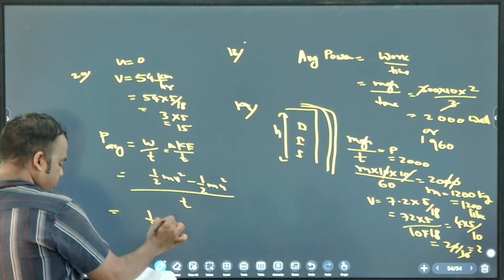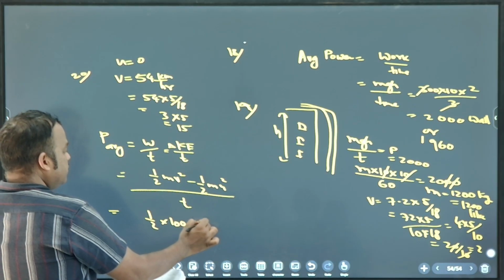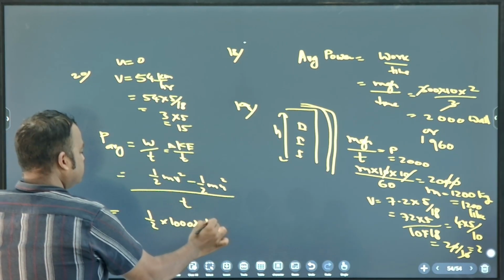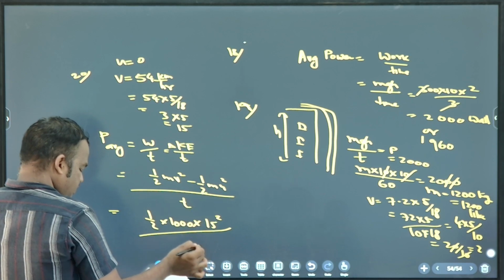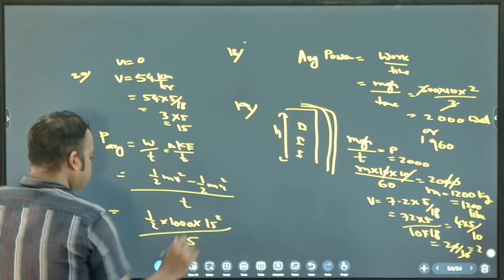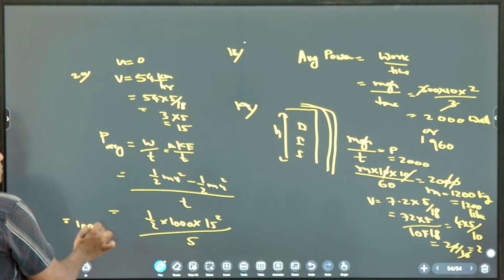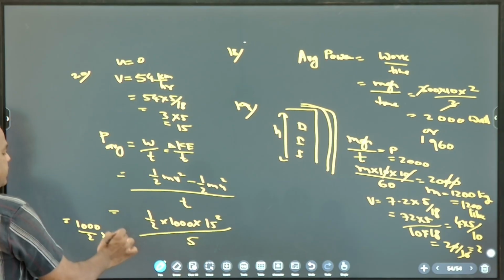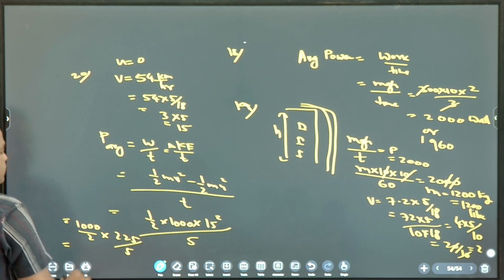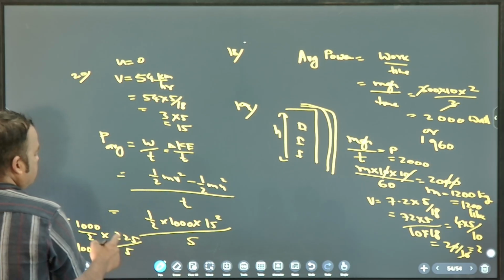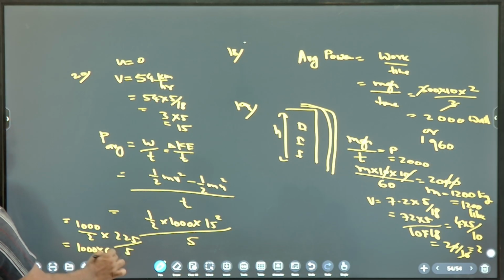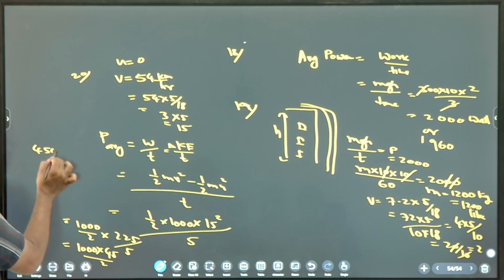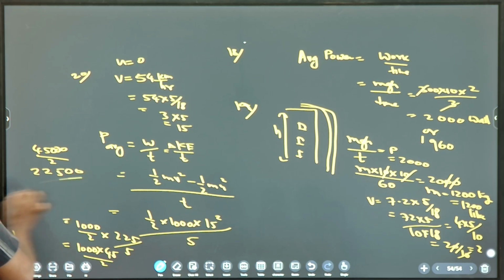So half m v square by time, which is 5 seconds. So 1000 by 2 into 225 by 5. 225 by 5 will be 45. So 45,000 by 2. So 22500. No doubt.